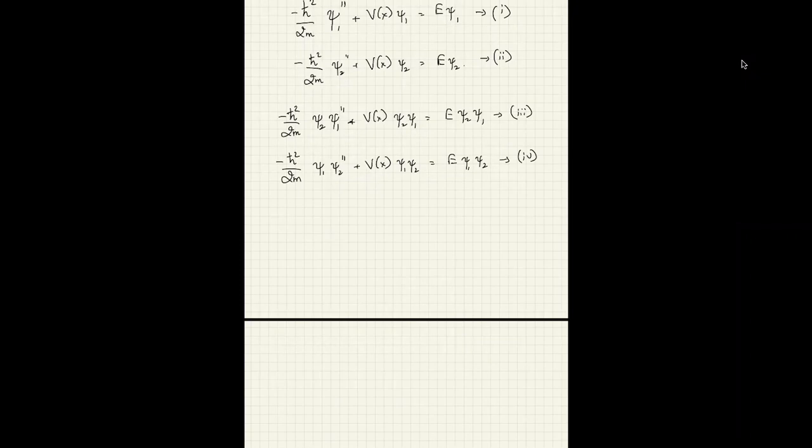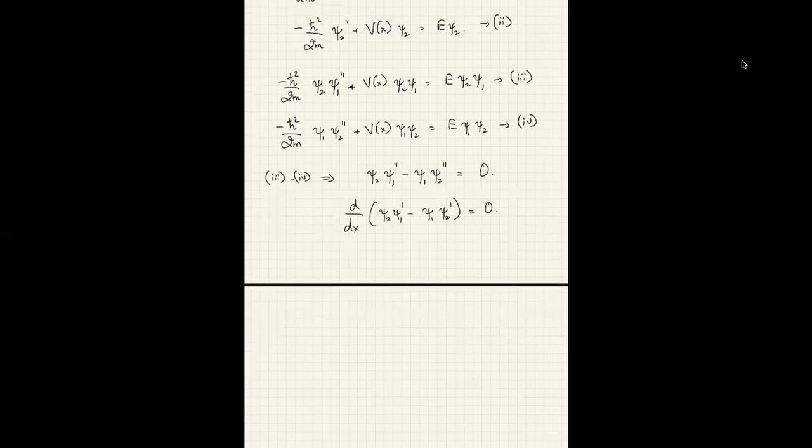If I take the difference, 3 minus 4 would imply that psi2 psi1 double prime minus psi1 psi2 double prime equals 0. I can throw away the overall constant because the whole thing is equal to 0 anyway, which I can write as d/dx of psi2 psi1 prime minus psi1 psi2 prime equals 0.